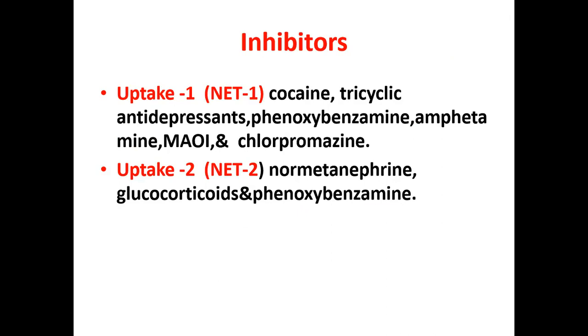Now, what are the inhibitors of the reuptake mechanisms? For reuptake 1, the norepinephrine transporter, the drugs that inhibit it are cocaine, tricyclic antidepressants, phenoxybenzamine, amphetamine, monoamine oxidase inhibitors, and chlorpromazine.